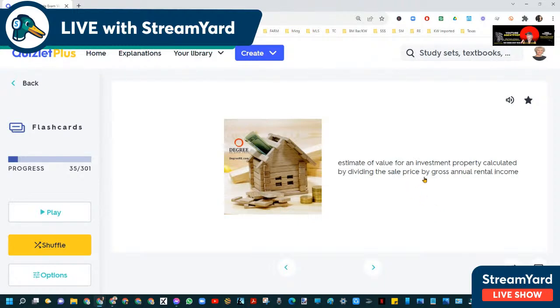So sales price divided by gross annual rental income. What is gross? Before any deductions, before any expenses.